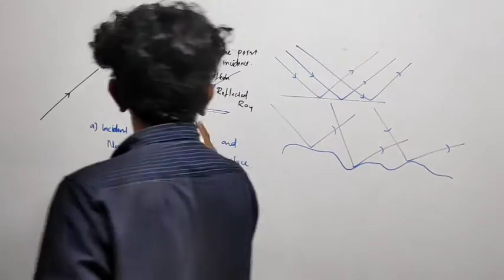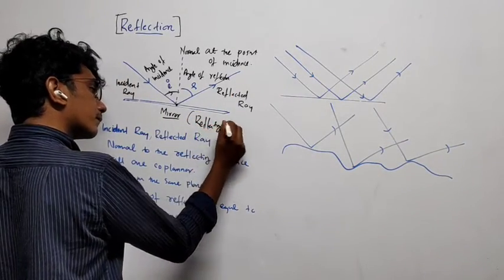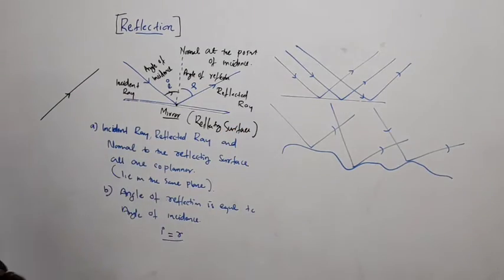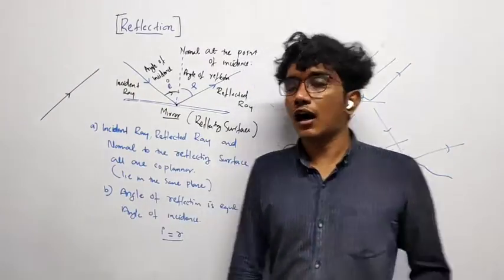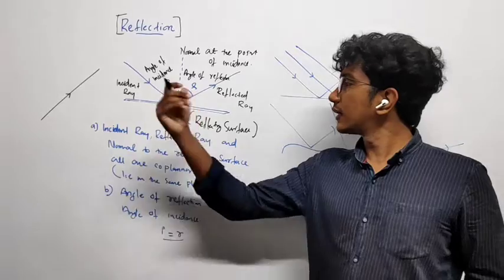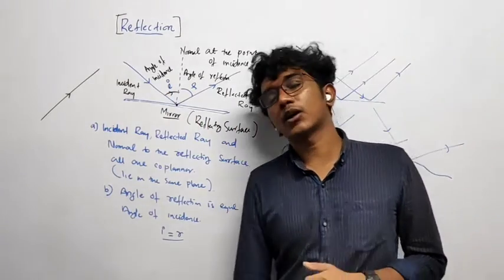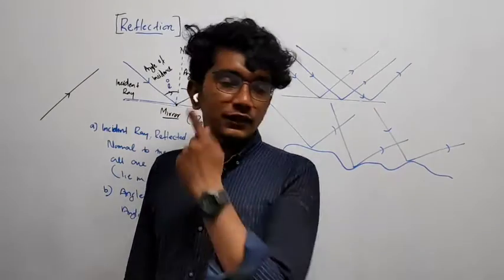A mirror is a reflecting surface. So that is reflection, the bouncing back of light rays after hitting a reflecting surface, to the same medium. You have to be very sure about that.